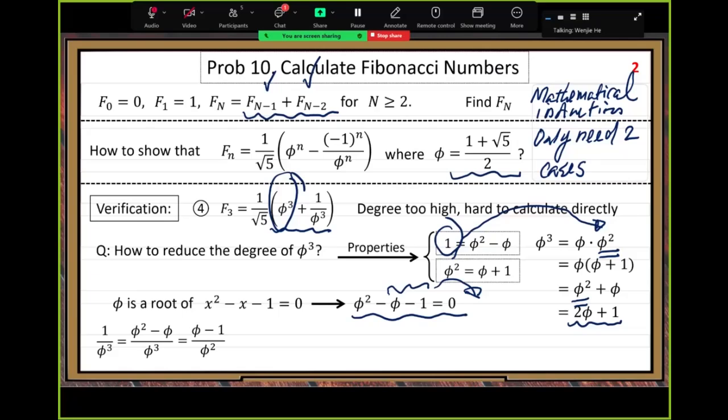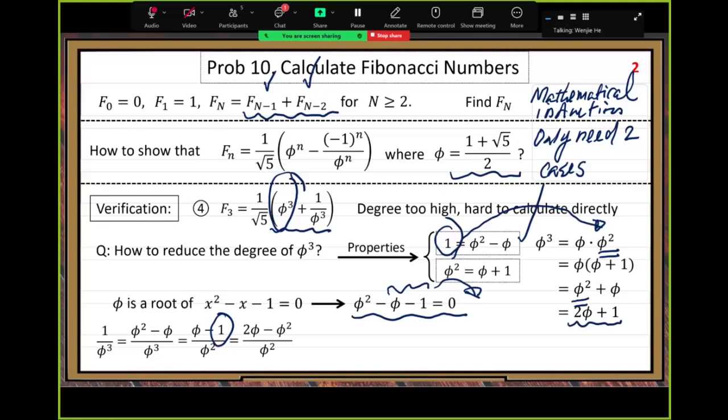Now let's do further cancellation. You see another 1 in the numerator. Can we replace this 1 by another representation, phi squared minus phi? Another use of property number 1, substitution another time.